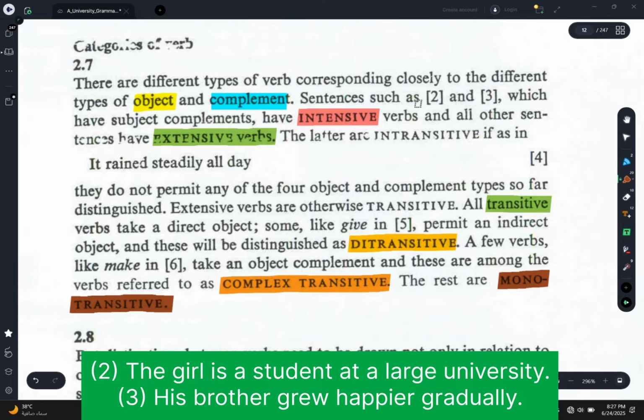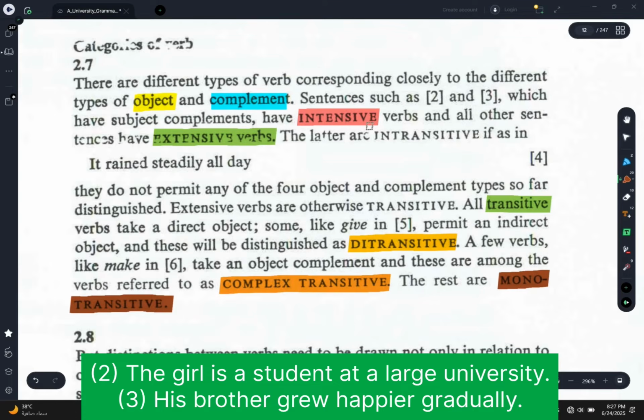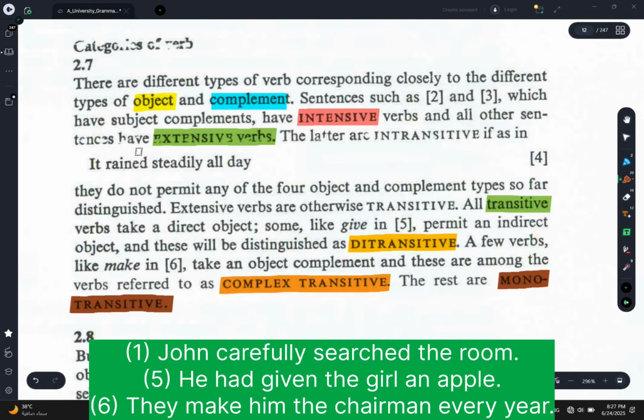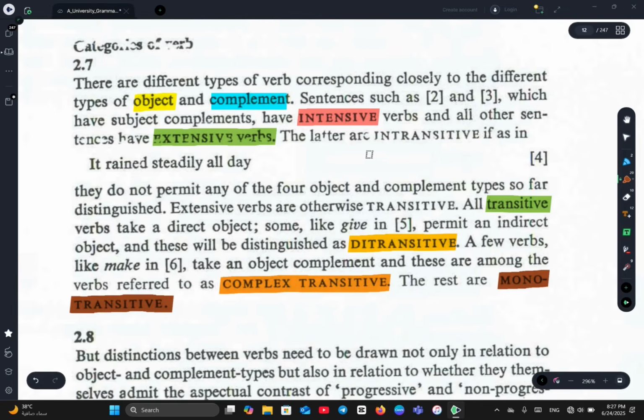For example, sentences such as two and three, which have subject complements, have intensive verbs, and all other sentences have extensive verbs. The latter are intransitive verbs, as in the following. So basically, verbs are categorized into intensive, extensive, and intransitive.